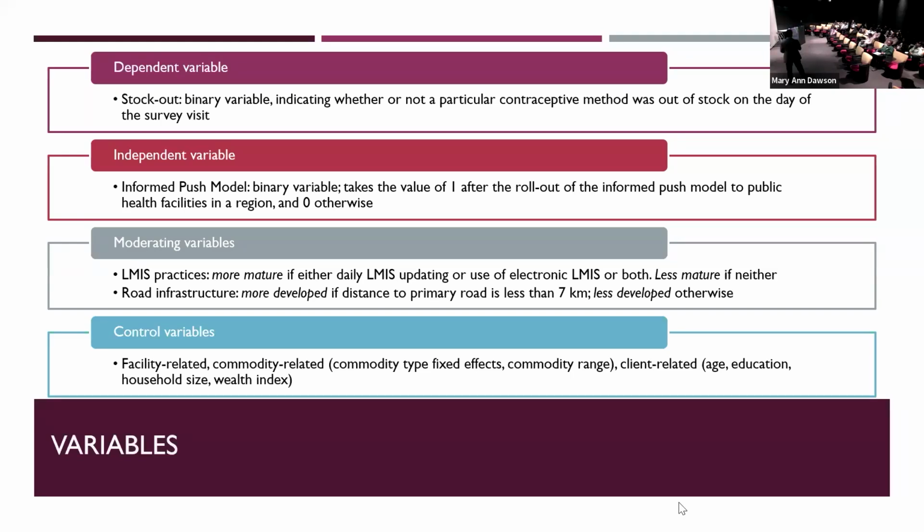So the informed push model, you said it was not introduced all at once. Do you know how much randomization there was? There might be selection in terms of which county they wanted to introduce it in. Yes, you're spot on. Yes, there was selection. What they did was first roll it out to the bigger areas.